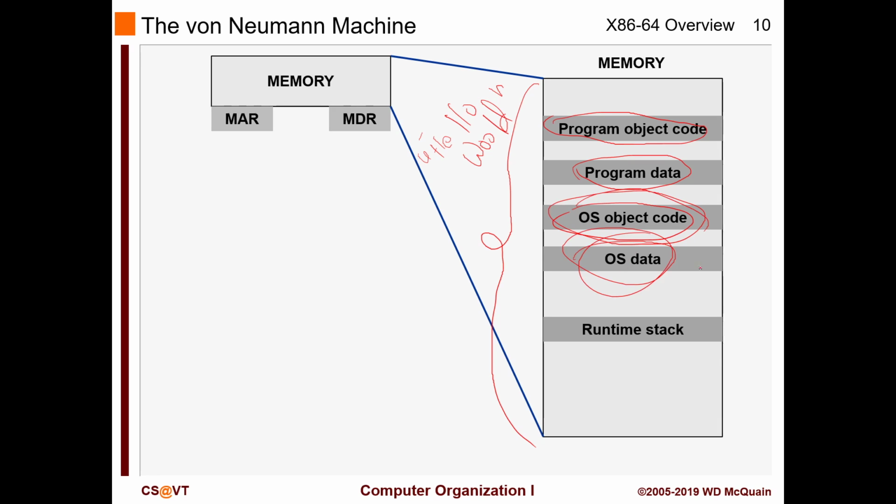It also has some OS data. And then we have the runtime stack. The runtime stack is basically the heap, and this is where all sorts of dynamic memory allocation is stored, your normal stack is stored, and if you corrupt it, you cannot return to the normal program execution.